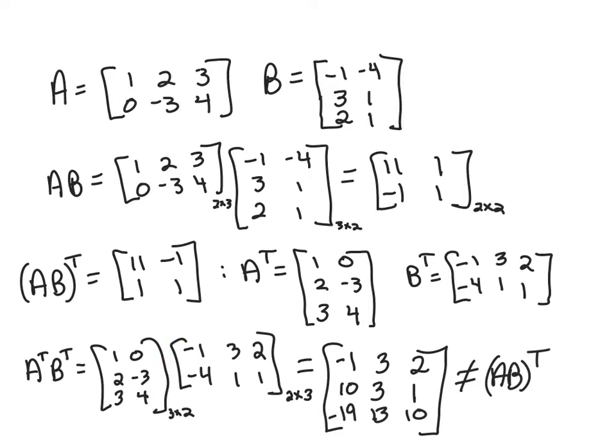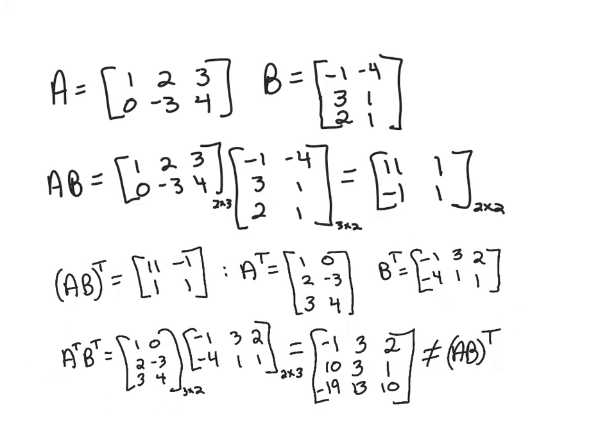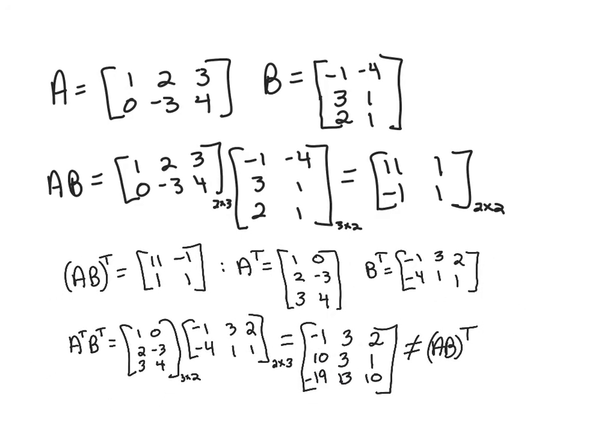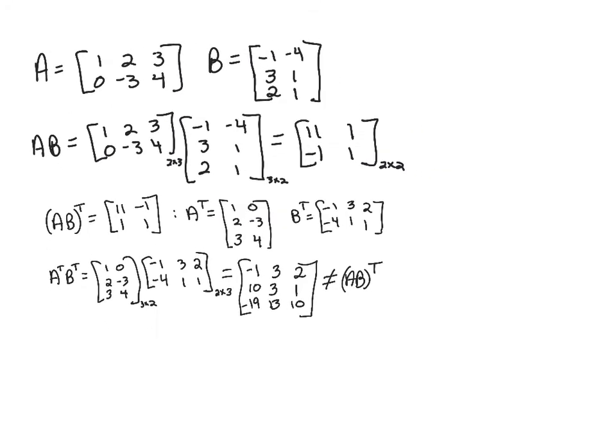So let me, whoops, I thought I could do all of it. Here we go. All right, let's do B transpose times A transpose and see if we get what we're looking for.